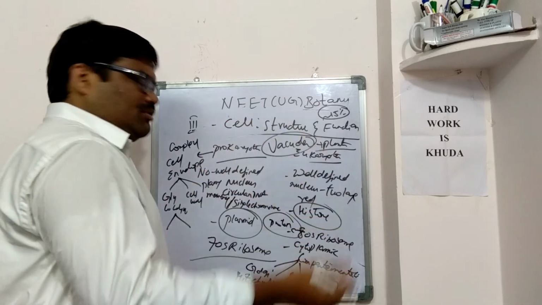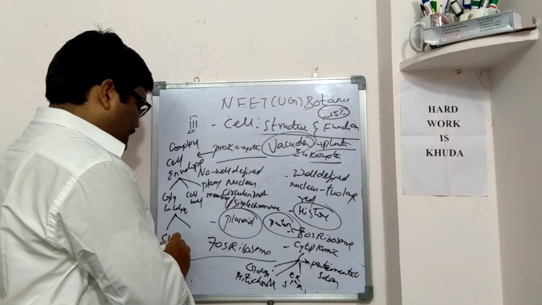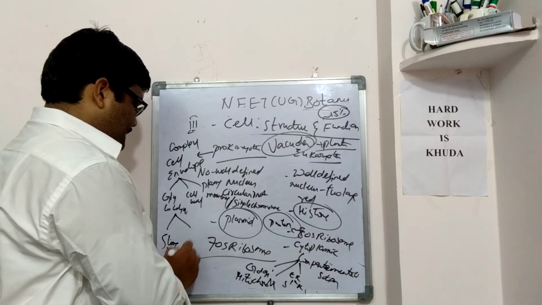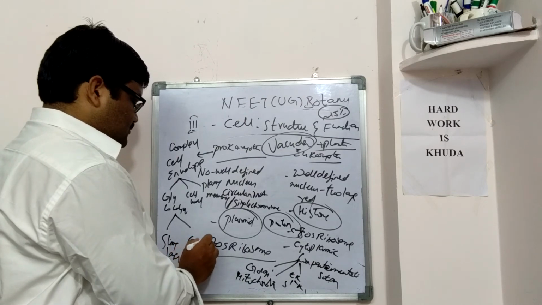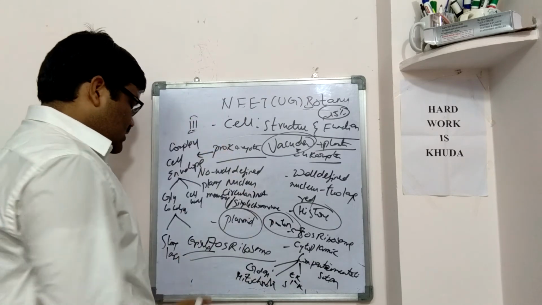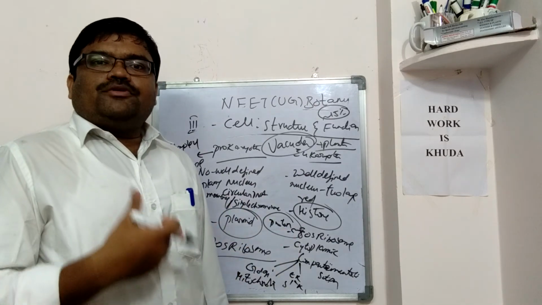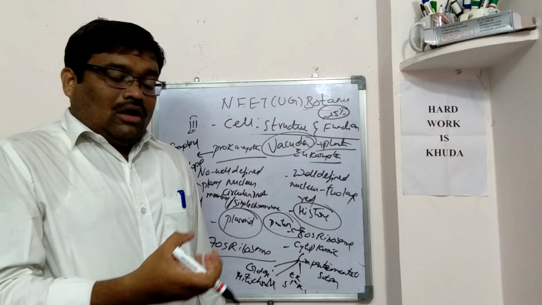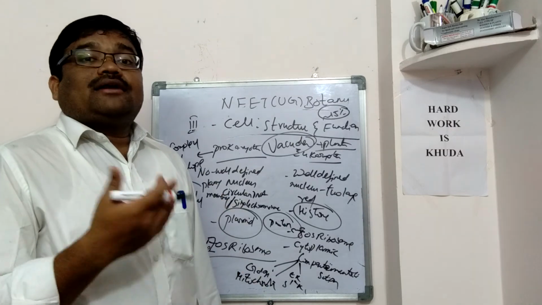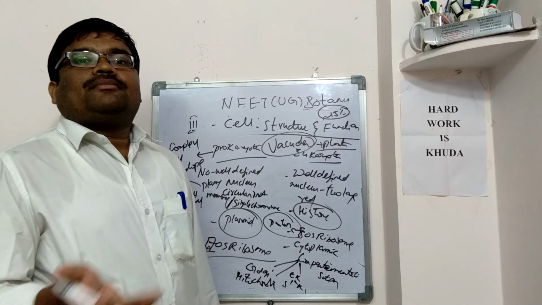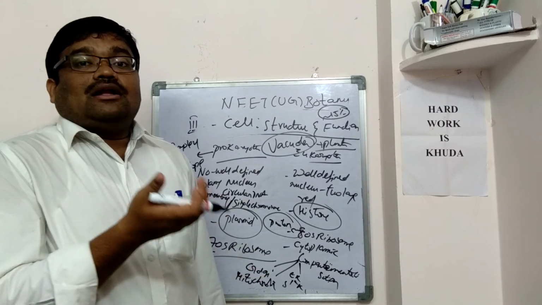Glycocalyx, based on the chemical composition, again has a slime layer and a capsule. Capsule is rigid and tough, okay? Slime layer is somewhat loose. Based on the difference in the composition or how the cell envelope responds, bacterial groups can be classified into gram positive and gram negative, whether they absorb the gram stain.